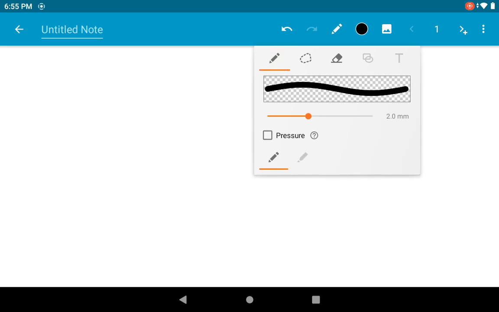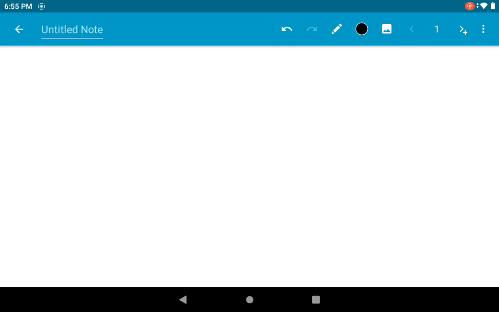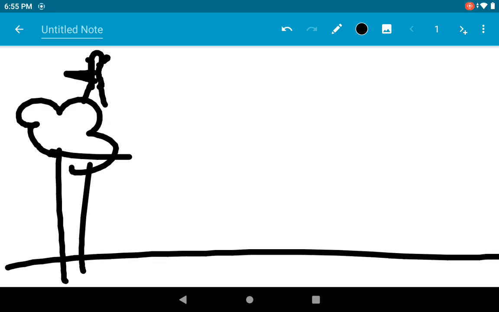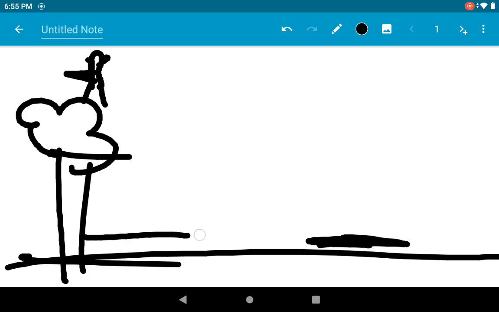A peacock is sitting on the top of a tree of height 10 meters. So there's a peacock sitting over here. I don't know how to draw a peacock, so I'm just going to draw this. It observes a snake moving on the ground. So this is the ground level. There's a snake moving over here, at a distance of 10 root 3 meters away from the base of the tree.